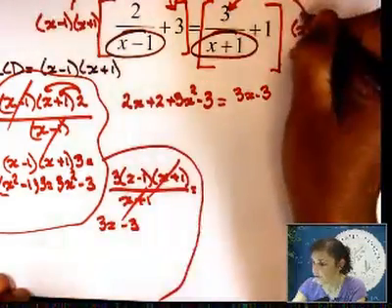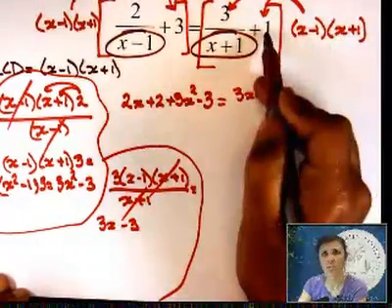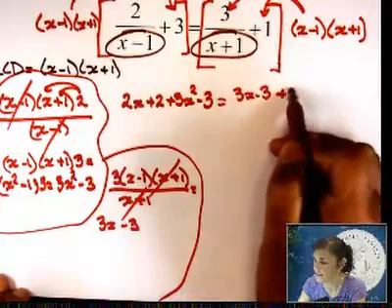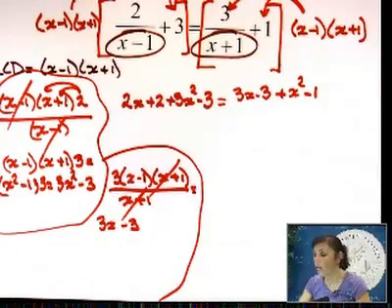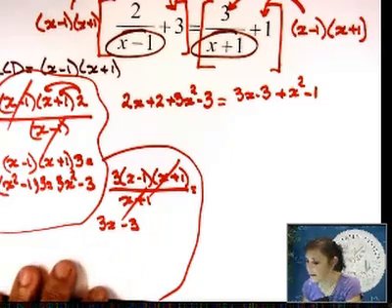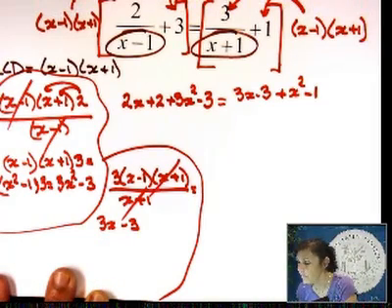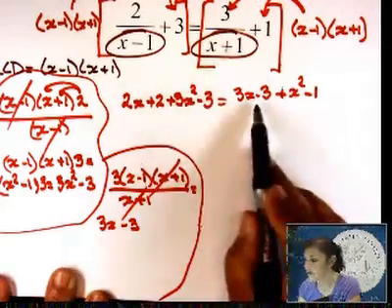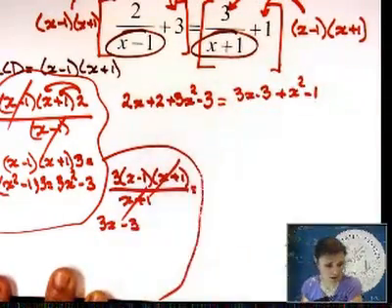Now, the second foiling is x minus 1, x plus 1. And there's a 1. So that is x squared minus 1. And you look at the whole problem now. There are a couple of things you can do. 3x minus 3 plus x squared minus 1.